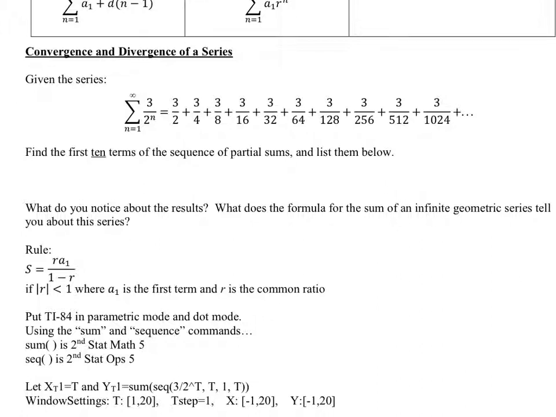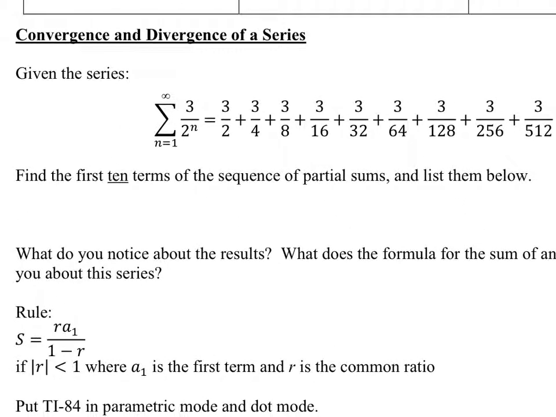All right. So the first partial sum would be the first entry. Now, if the sum is every possible term of a sequence added together, then the partial sum would be something that's part of that. All right.